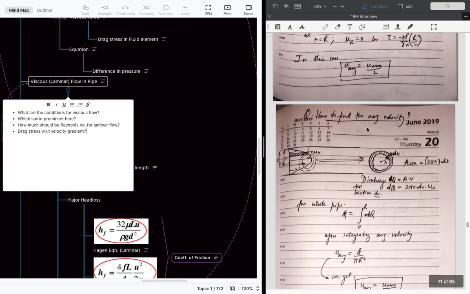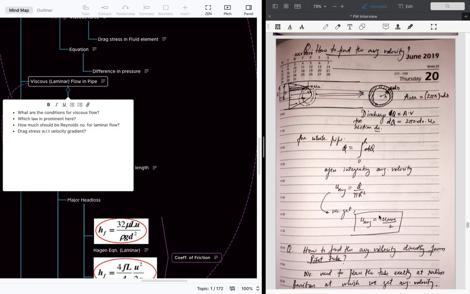Next is how to find the average velocity. So this is the velocity profile, and let's take a small strip like this and find the area. The area will be the circumference times the thickness, that is dr. For this area we can find the discharge, Q is equal to AV, and for the whole pipe also by integrating it from 0 to R. After integrating we get the velocity as something like this.